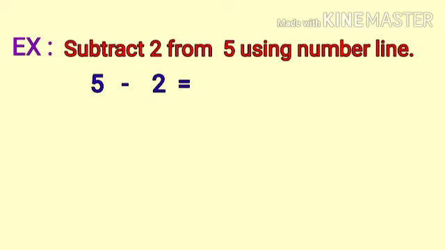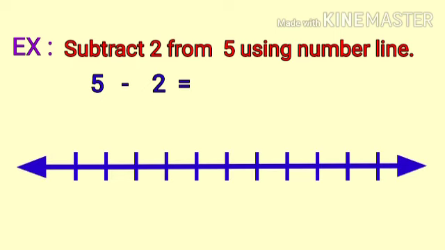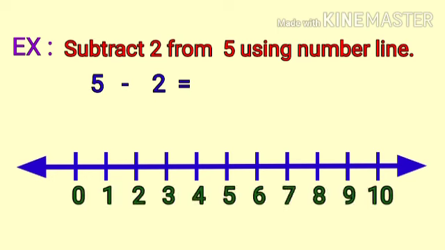Now we have to do this subtraction using number line. Already we know how to draw a number line. So here we have to take a number line from 0 to 10 numbers. Understood, children?